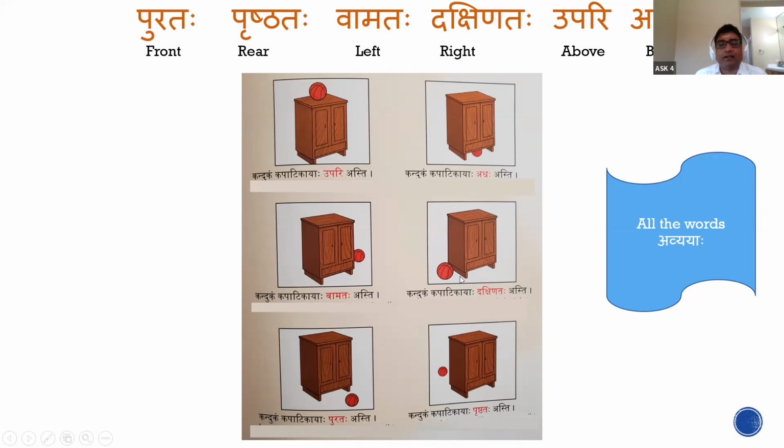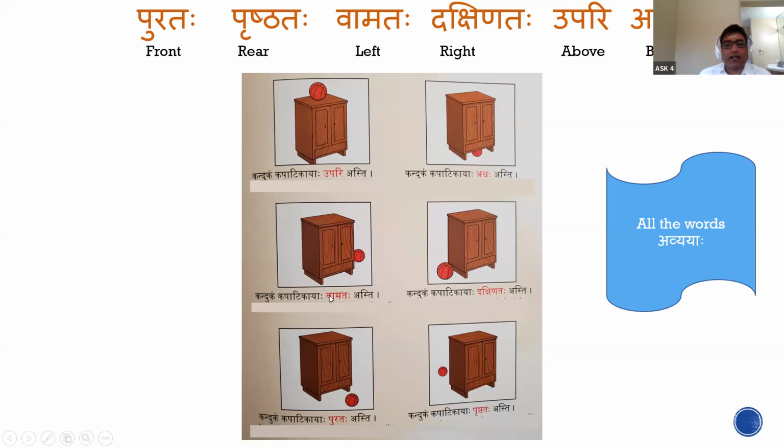You must have written Mama Dakshinataha, Mama Vamataha Asti. But that is not useful for them, because who asked for your? I asked only about Kapatika, so you are supposed to write with respect to Kapatika. I don't want to know Mama or your. Okay. So be careful with Dakshinataha and Vamataha.